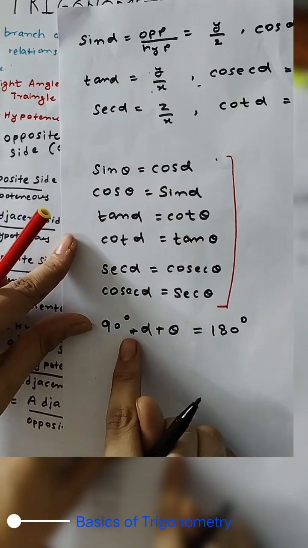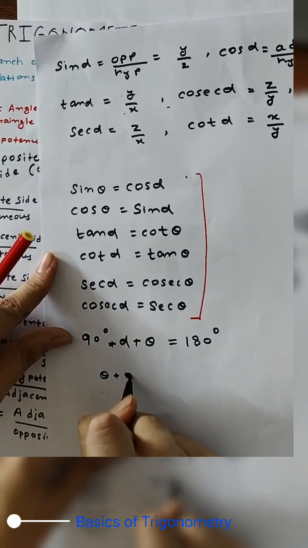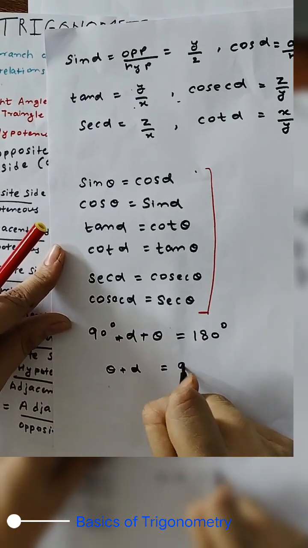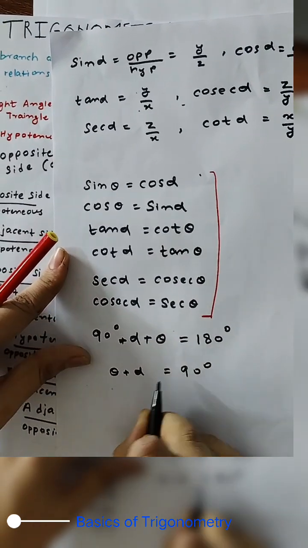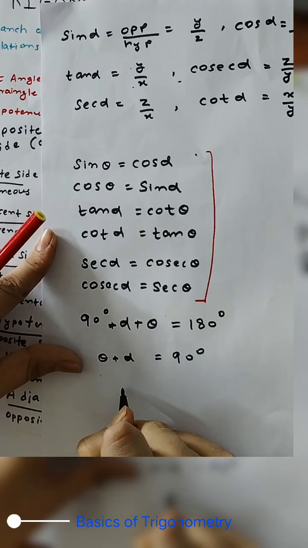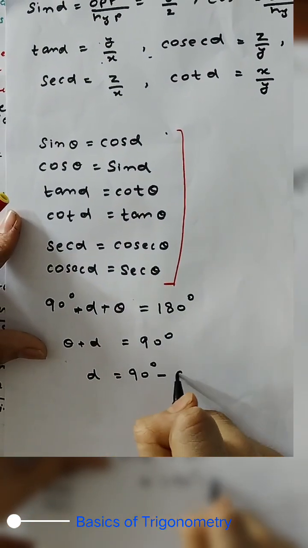So the sum will be 90 plus alpha plus theta, which is equal to 180 degrees. So we get theta plus alpha is equal to 180 minus 90, which is 90 degrees. So basically theta and alpha are complementary angles. Complementary angles are angles whose sum is equal to 90 degrees. We will get the relation that alpha is equal to 90 degrees minus theta.